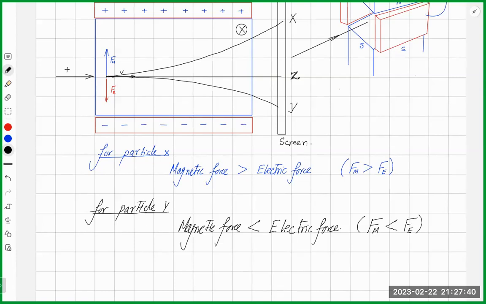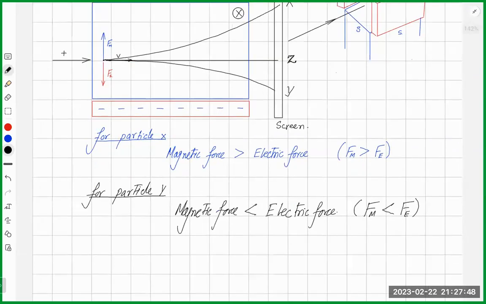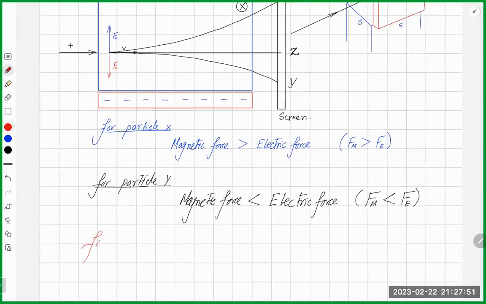Now, what about particle Z? Magnetic force is equal to electric force.